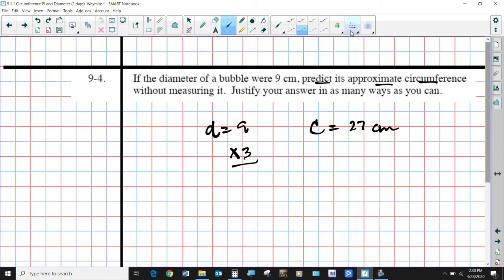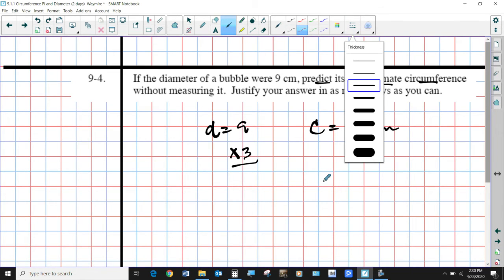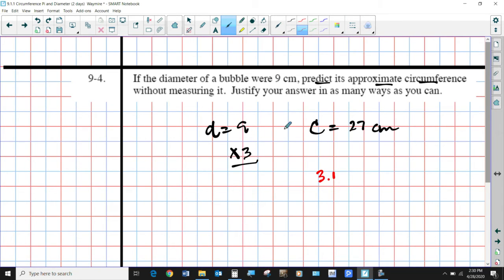If I say 9 times 3.14, well, I guess I can do it by hand. 36, carry the 3, 9, 10, 11, 12, carry the 1, that's 12, 13. We would say the answer is 28.26.